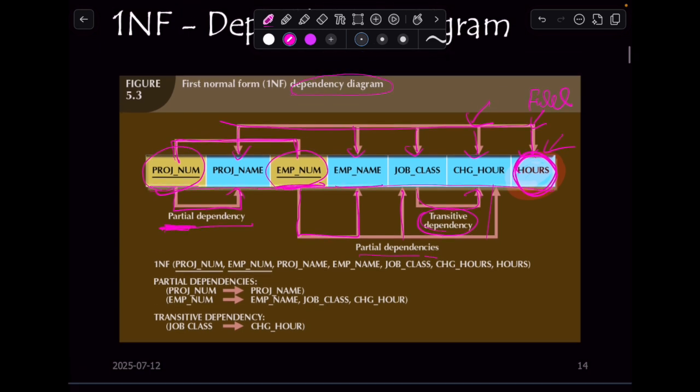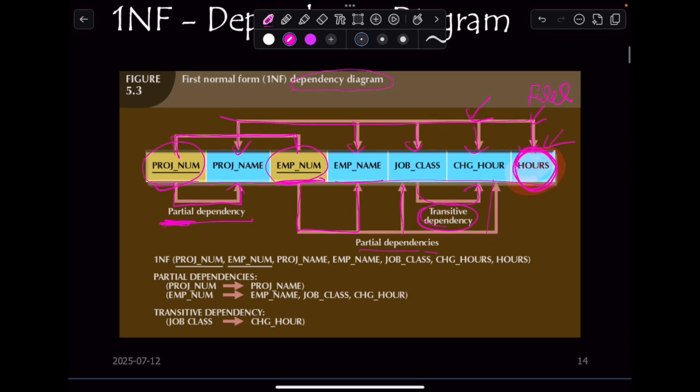And another way you can represent this is using parentheses and the list of attributes. It's called the relational schema. So each parenthesis means one table. Right now we have just one table.